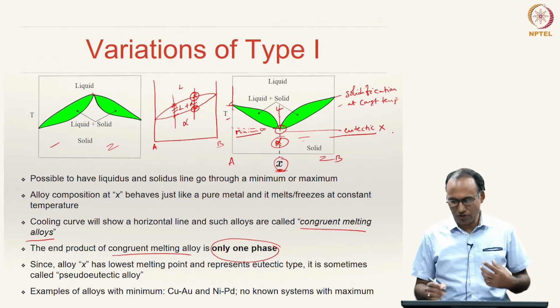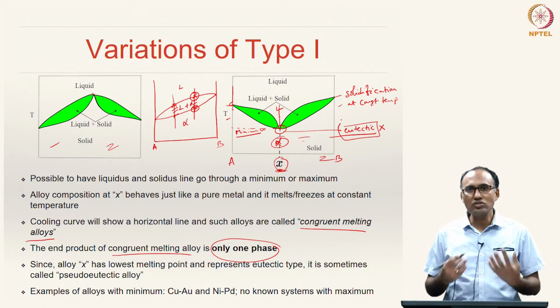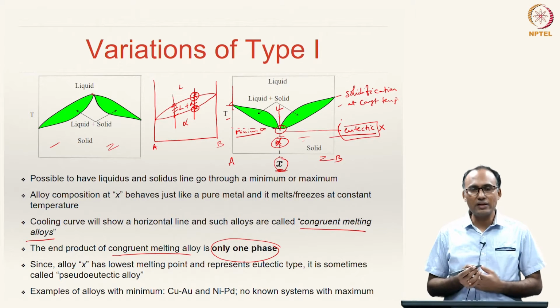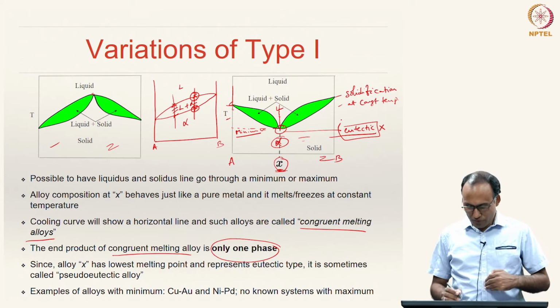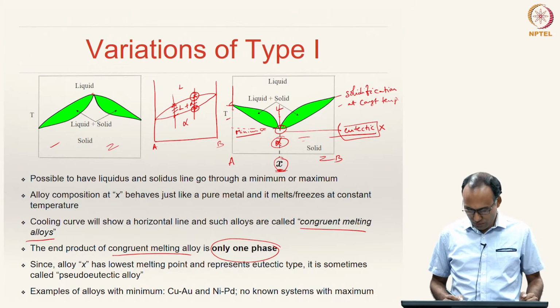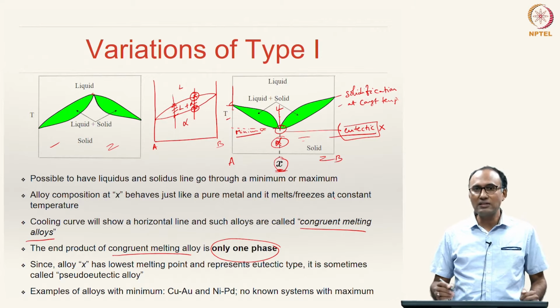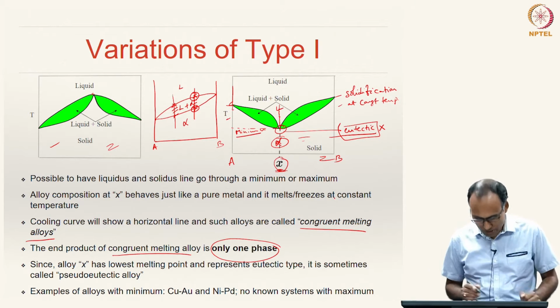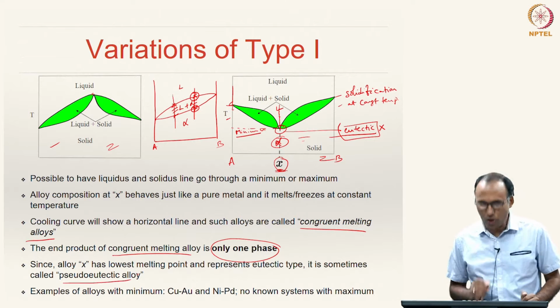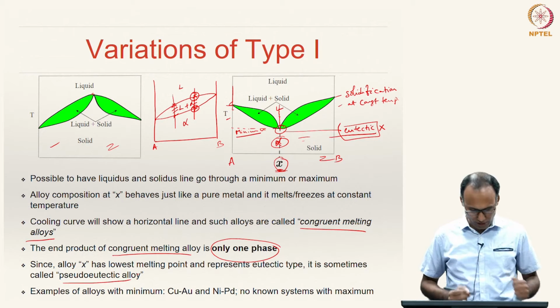It looks like eutectic. We will discuss what is eutectic, and the salient difference between a congruent melting phase and a eutectic phase. So, since it sort of looks like a eutectic system, this is also called a pseudo eutectic alloy. It is not a eutectic, but looks like a eutectic alloy.